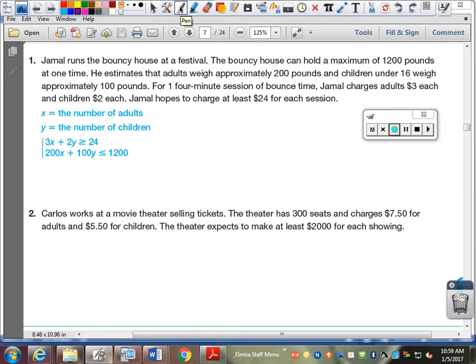So we've got A, which is going to represent the number of adult tickets, and C, which is going to represent the number of child tickets.